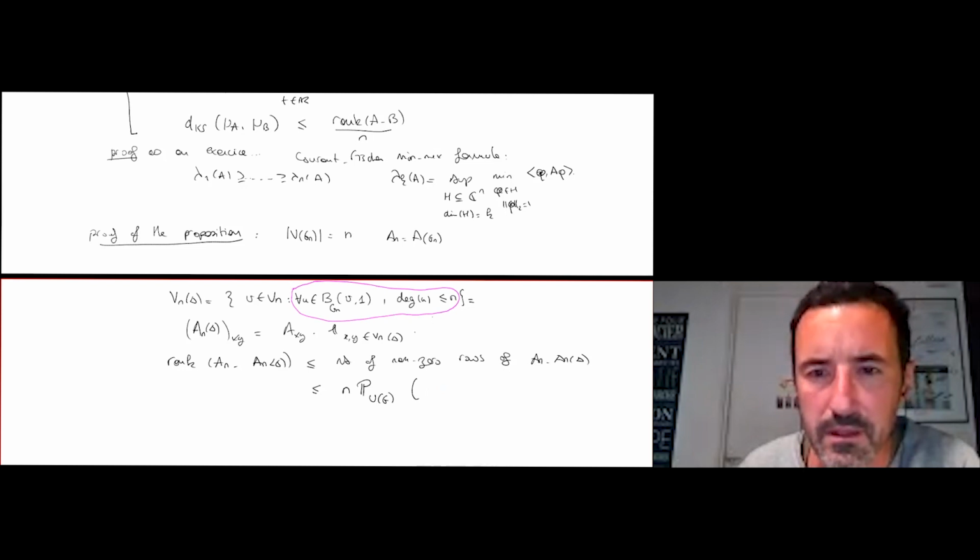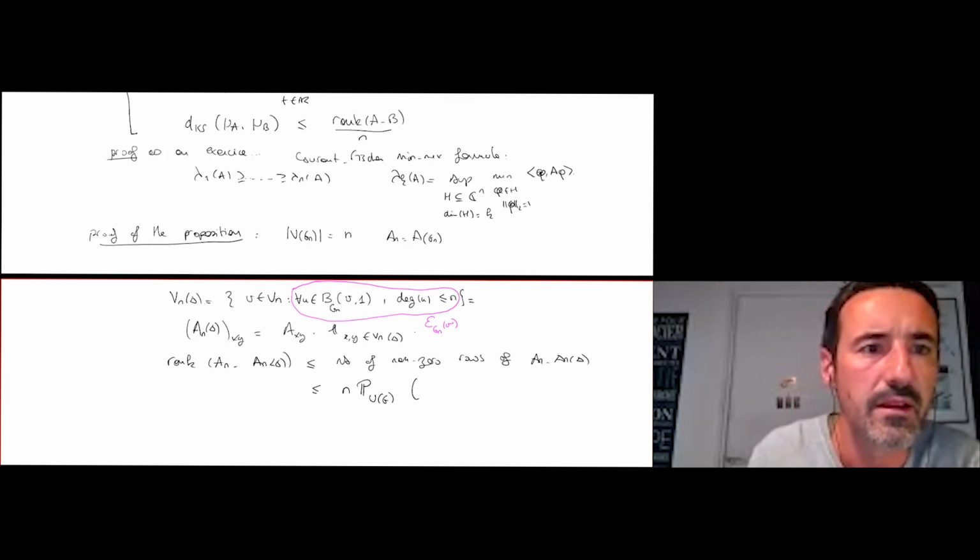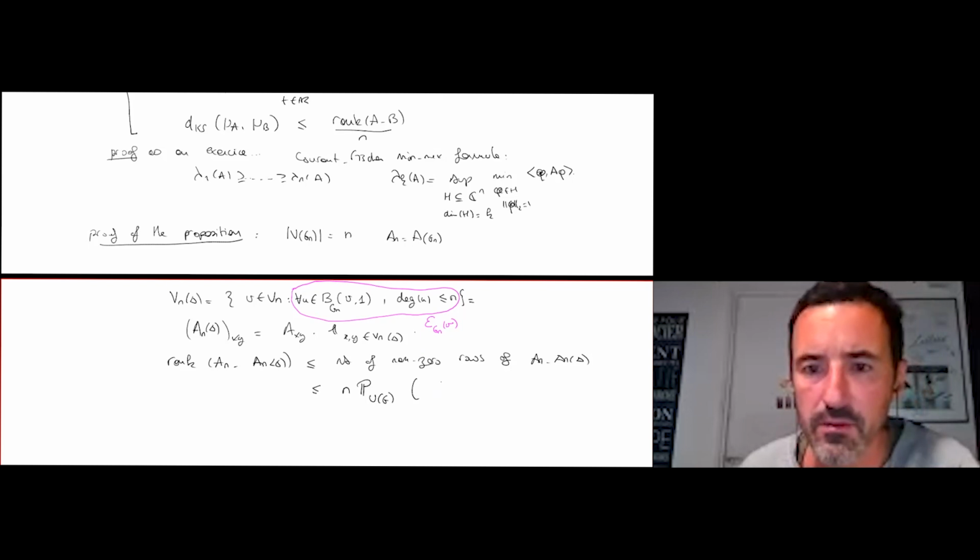Let's call it E of Gn of V, the fact that for all vertices in the neighborhood the degree is less than delta.